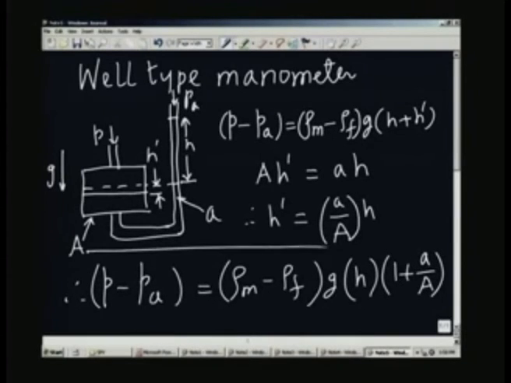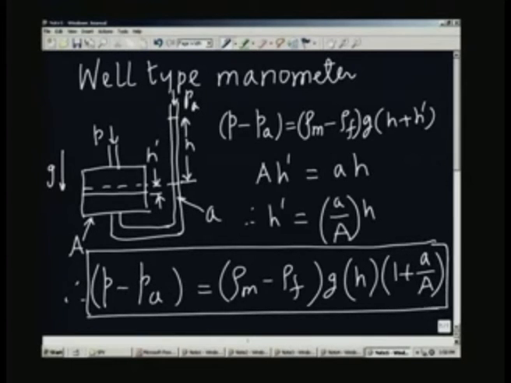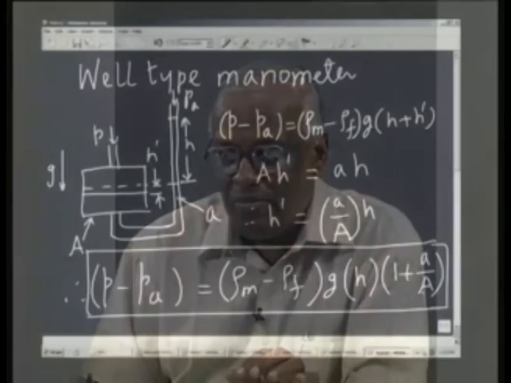So, this we will use in the case of a well type manometer with a large reservoir on the left side, to which the pressure to be measured is communicated, and on the right side I am going to have a vertical tube of small diameter, and the ratio of area A to A is going to come into the picture.